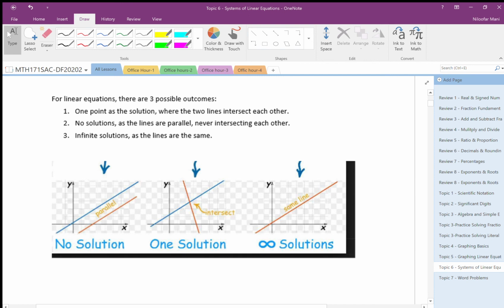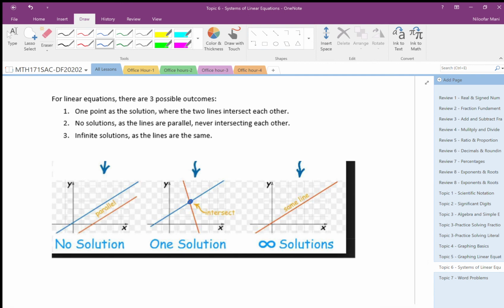When I say one system of linear equations, I have two equations. When I say I solve it, this can happen: I can find one point which satisfies both equations. Graphically, that point is the intersection of two lines because that point is on both equations.